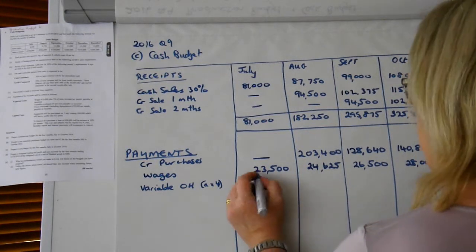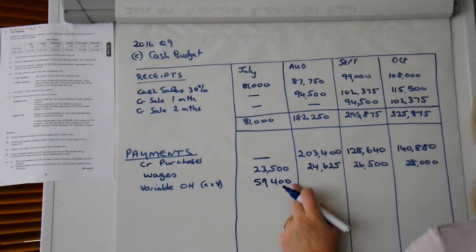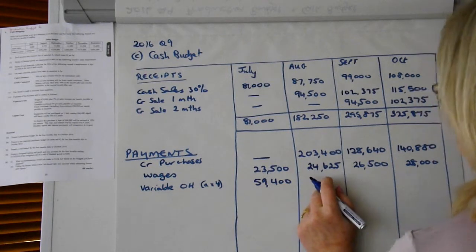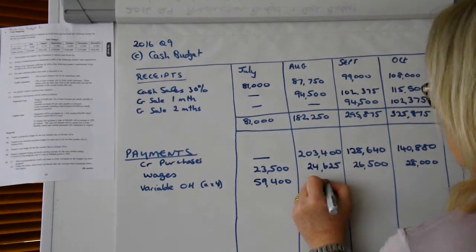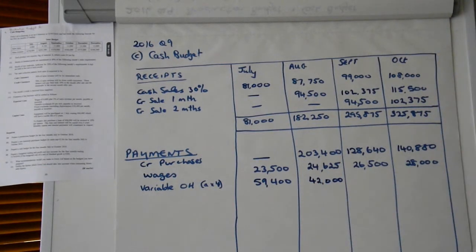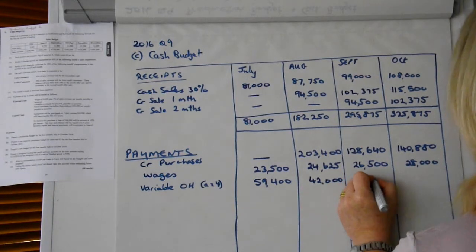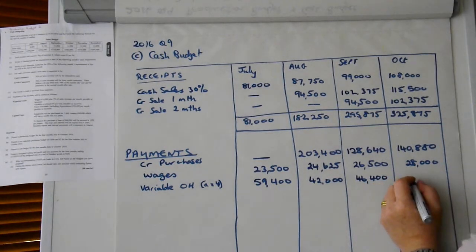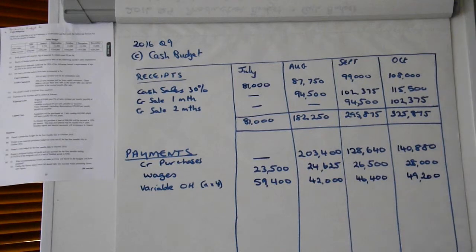So that works out then at 59,400, and so on. You go back to Part A, we've 10,500 for August multiplied by 4, and that works out at 42,000. Back to Part A again for September, and we have 46,400 when we multiply by 4, and for October we have 49,200. So just repeat the pattern across.